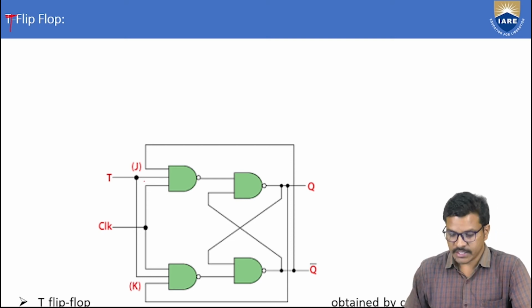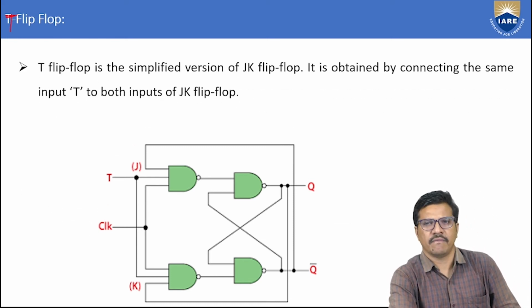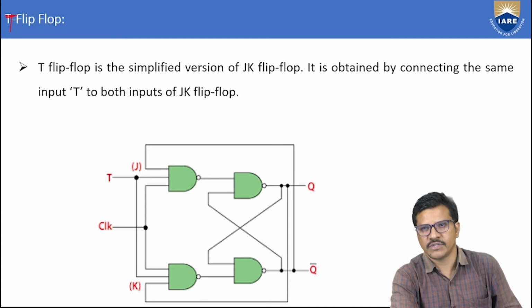If I join this J and K, it is nothing but a T flip-flop. The T flip-flop is a simplified version of the JK flip-flop, which is obtained by connecting the same input T to both the inputs J and K of the JK flip-flop.